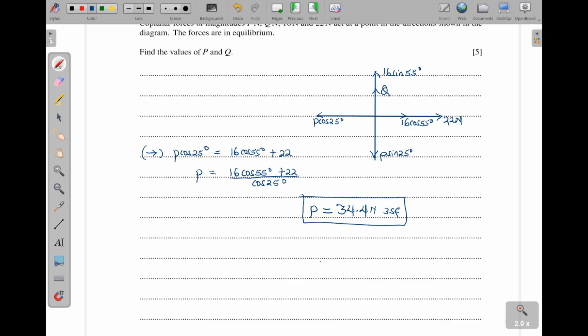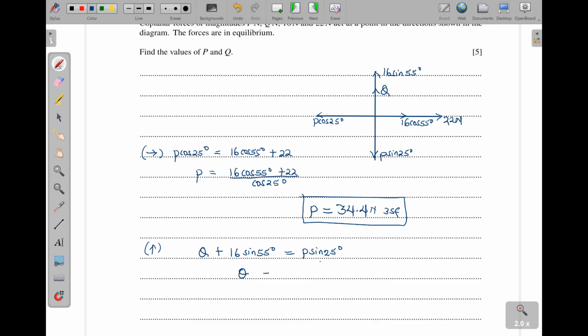Then when we resolve the forces vertically, we have Q plus 16 sine of 55, these forces which are going up, and we subtract the one going down, which is P sine 25. Since we don't have a resultant in y, let us just equate the forces.